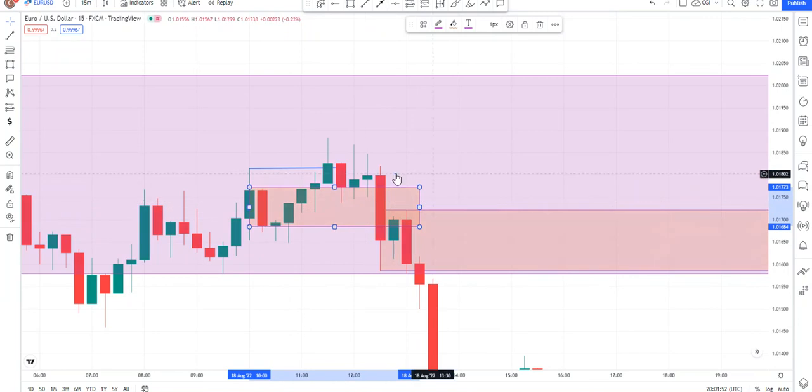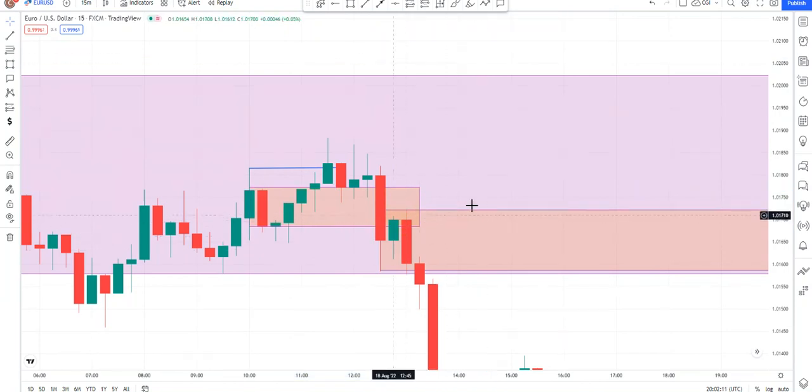To be safe, because we have this imbalance here, price might easily go ahead to fill up this imbalance before we go down. So you don't want to just jam your stop loss here. You can do it after some experience, if you've seen it over and over again and know that if it mitigates this place, then we can jam our stop loss to here. But it's not very advisable.